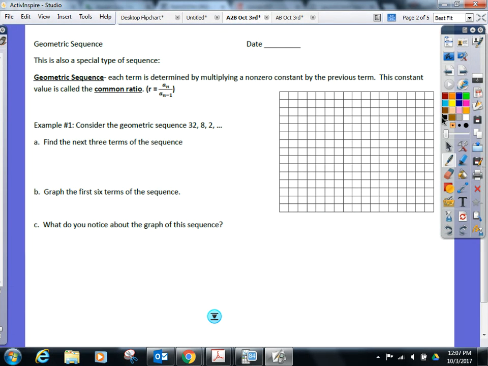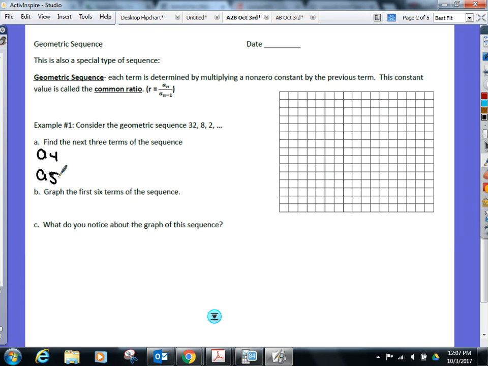So what I need you guys to do right now, in your groups, find the next 3 terms. A4, A5, and A6. In your groups right now. Some of you are going to have to wait because it's tough to do without a calculator.